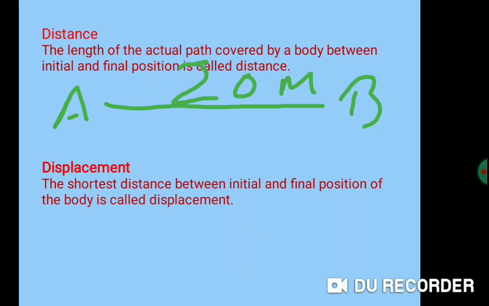Yes. But suppose that road is blocked, some work is going on, so definitely we are not moving from that road. So how do we reach from A to B? We are taking another path. See that curved path from A to B.